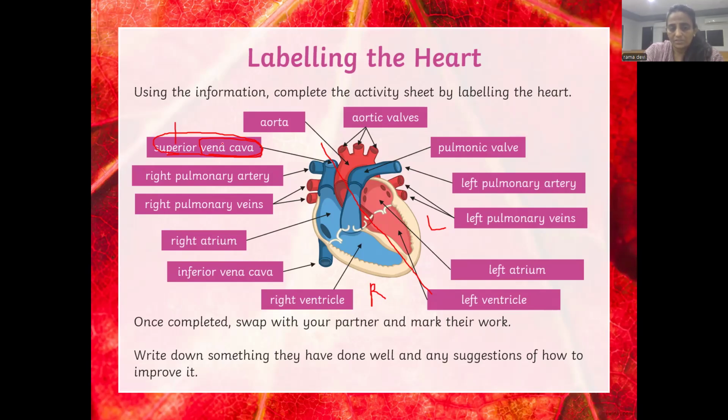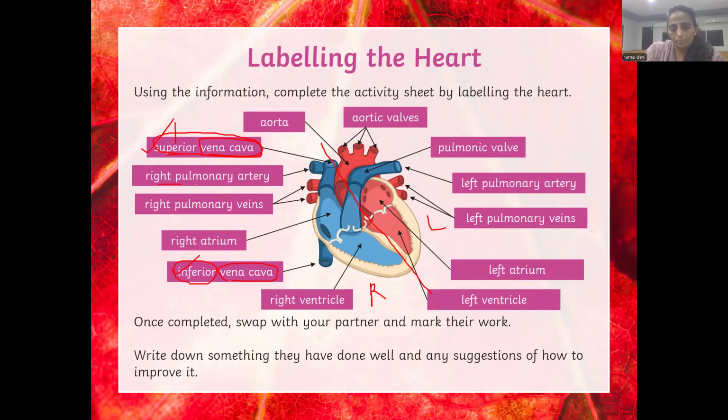So the vena cava is a type of vein, and this superior vena cava collects the deoxygenated blood from all parts, mainly the upper parts of the body. Just like the superior vena cava, you have the inferior vena cava. Inferior because it carries the deoxygenated blood from the lower parts of the body. This is again the same vena cava, here it is called superior and here it is called inferior.